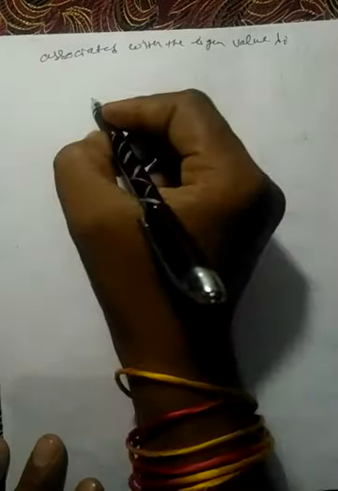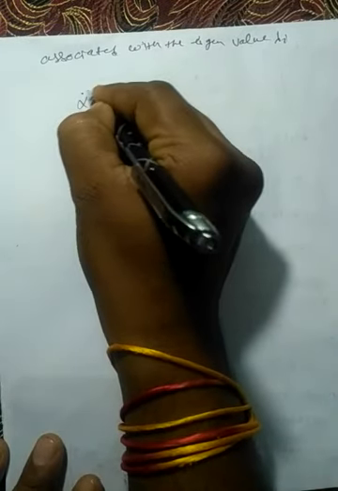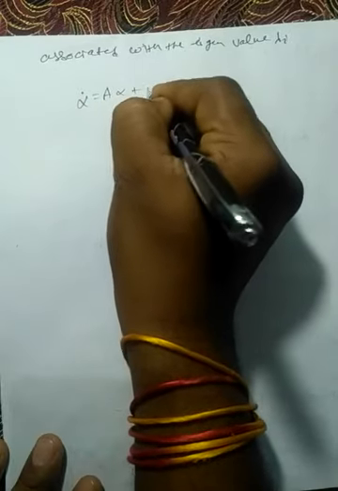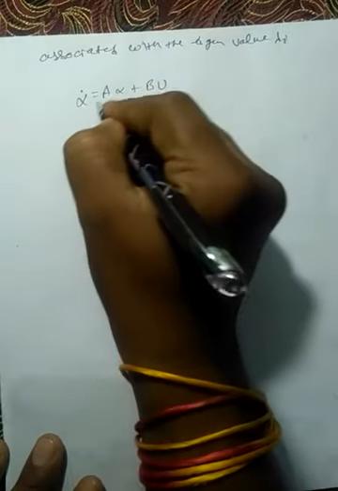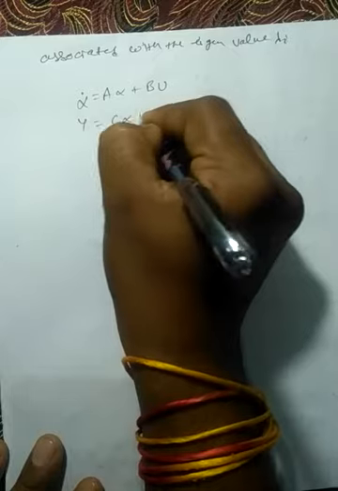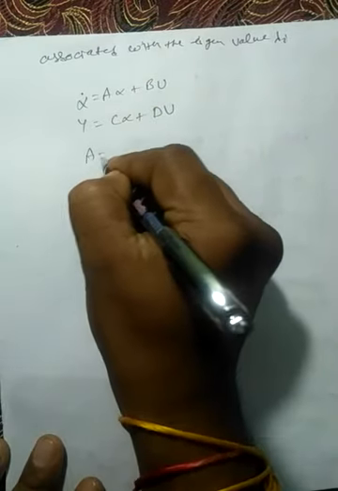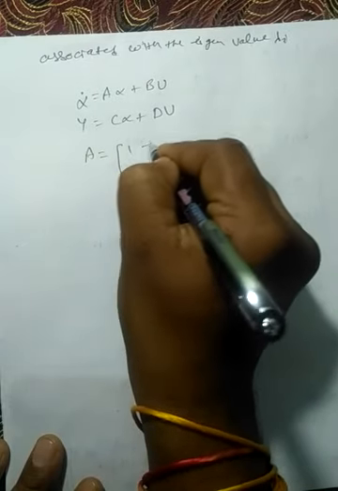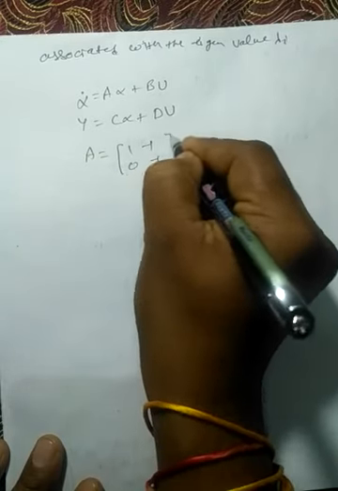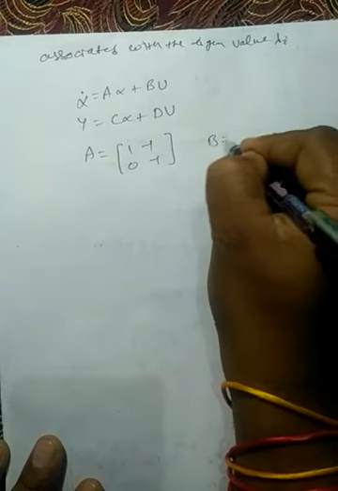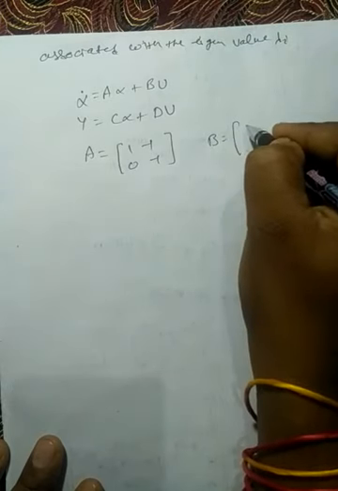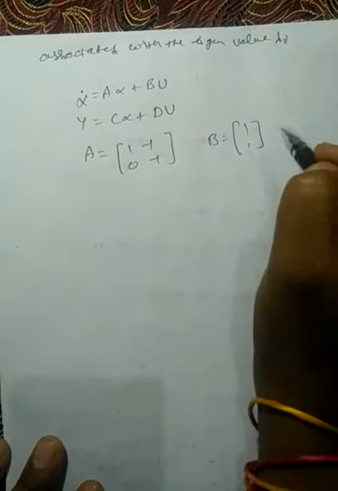For example, let us consider we have a state equation x dot is equal to Ax plus Bu, and output equation y is equal to Cx plus Du, where matrix A is given as [1, -1; 0, -1], and matrix B is given as [1; 1], right?